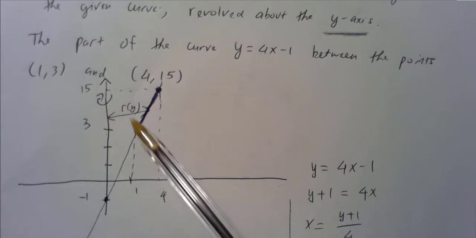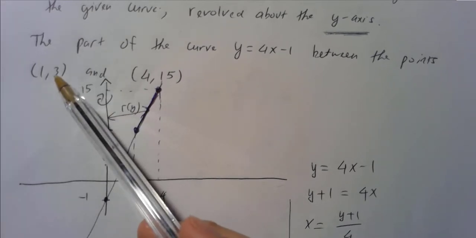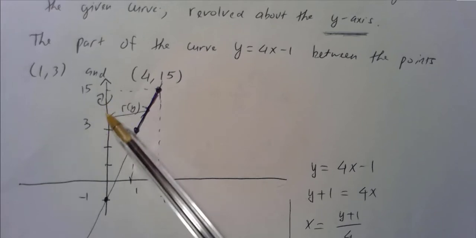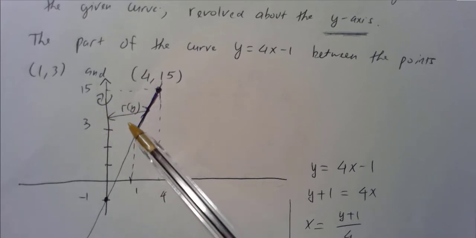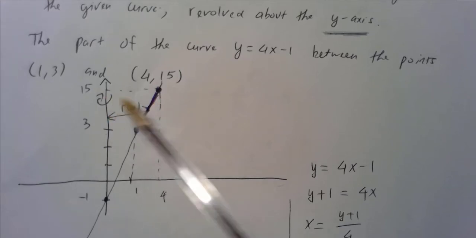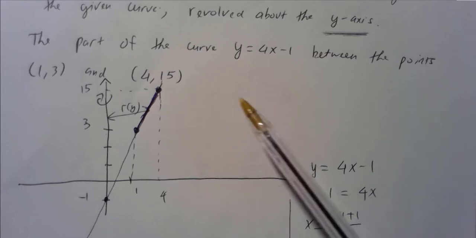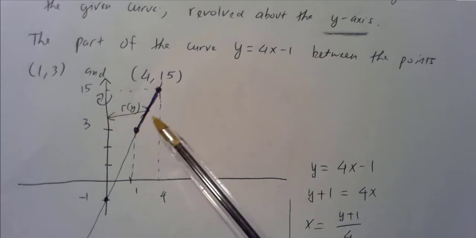As you move up the curve from 3 to 15, because we run on the y, so we go from 3 to 15 on the y-axis. As you move from 3 to 15, the radius gets bigger. So we need to solve for x equals something, because we need the expression for the x.